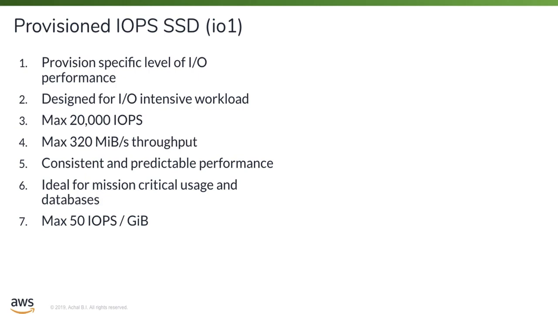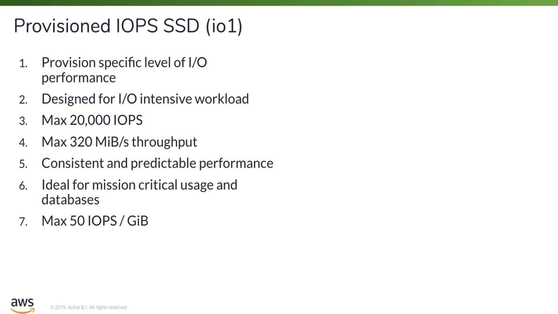So provisioned IOPS are suitable for high random IO, and it can go up to a maximum of 20 IOPS, and throughput can go up to 320 megabytes.